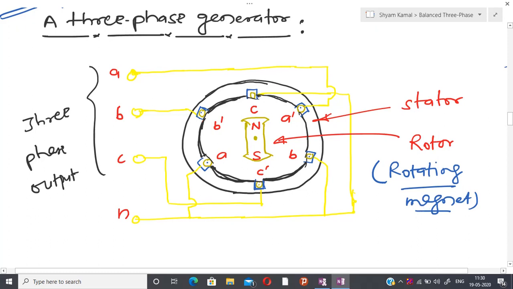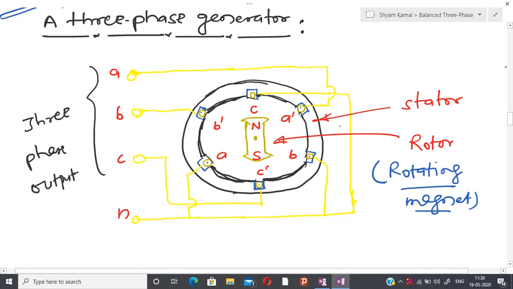And this rotating magnet is surrounded by a stationary winding that is called the stator. You can see that I have shown the stator by this arrow. So this is the stator.